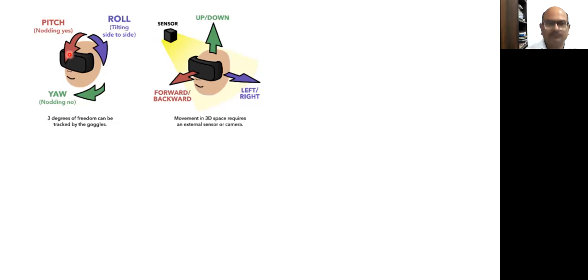So this is pitch, rolling, and yaw. So a sensor is there. Movement forward like this, left to right, and up and down, okay. These kinds of movements can be taken care of by another sensor, the external sensor.